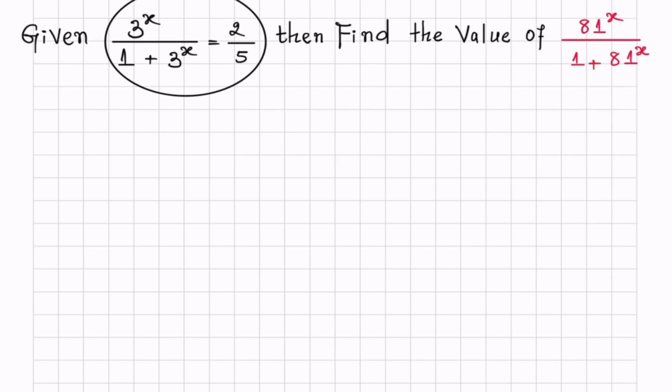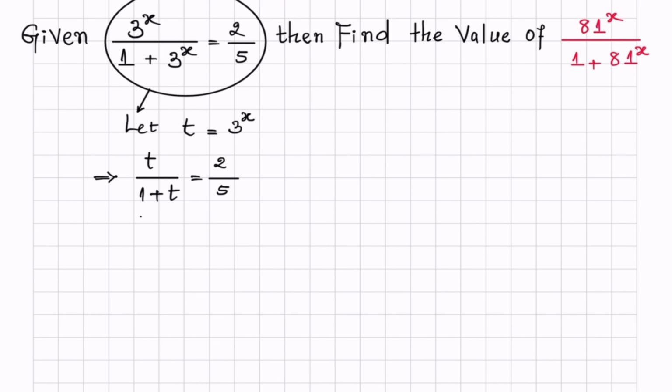Okay, so now related to this, we're going to let t equal 3 to the power x, and then we will get t over 1 plus t equal to 2 over 5.